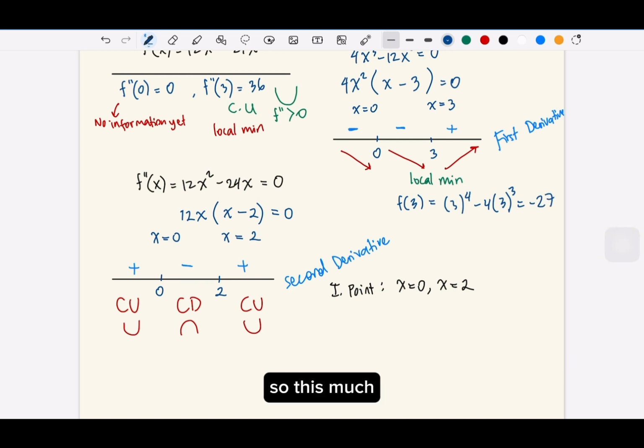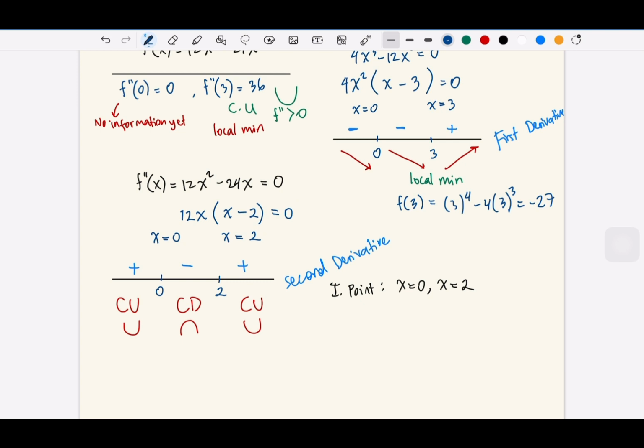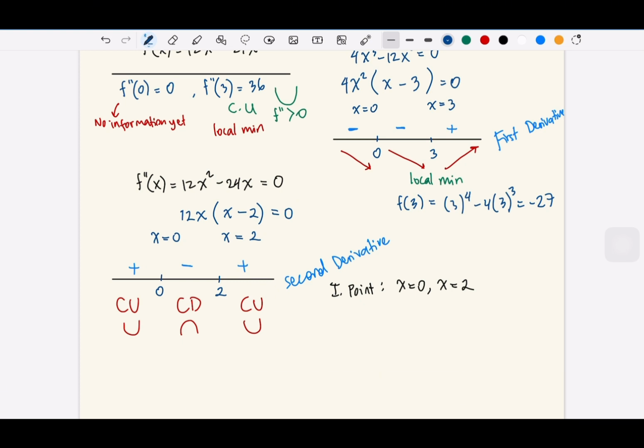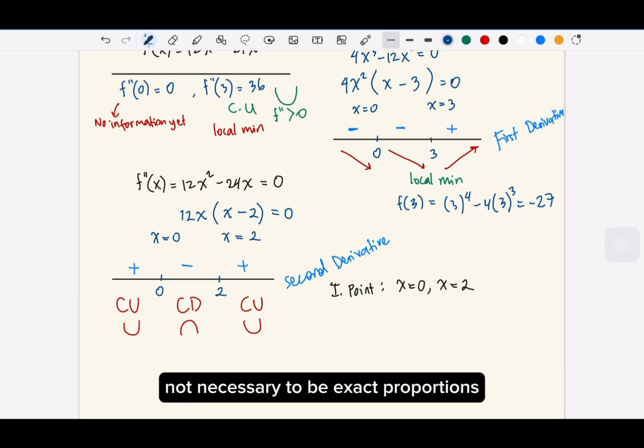Okay? So this much. I think if you draw in the exam, you don't need to be precise unit per unit. Like if you get 50, you don't need to draw something really huge. Just mention the numbers and roughly the proportions. It is not necessary to be exact proportions.